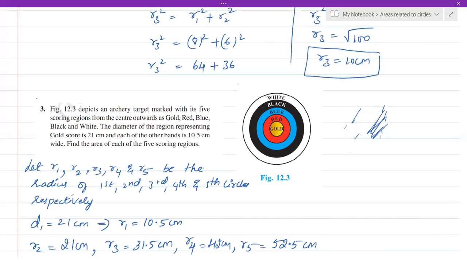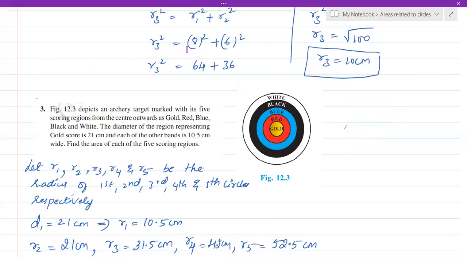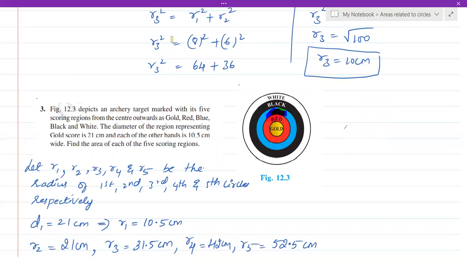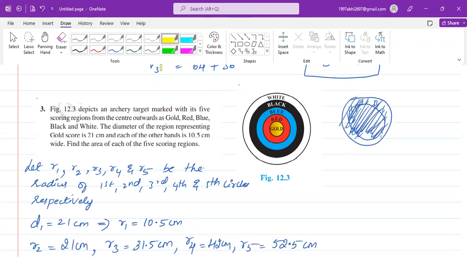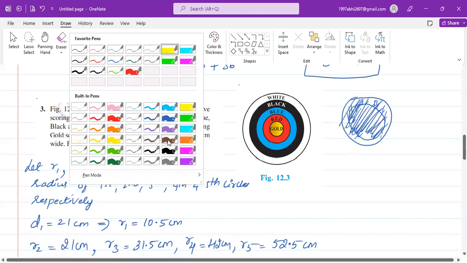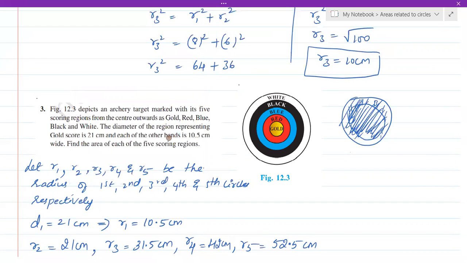If you find the area of the third circle, see, when you find the area of the third circle, you get this complete thing, right?